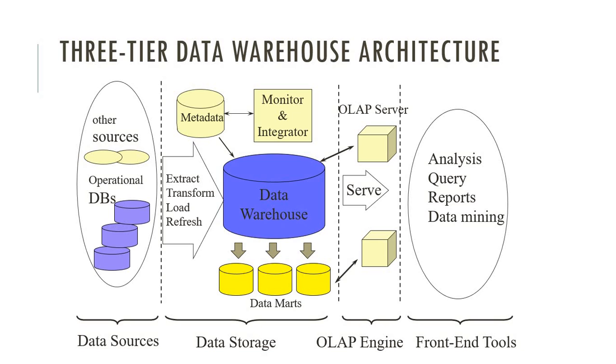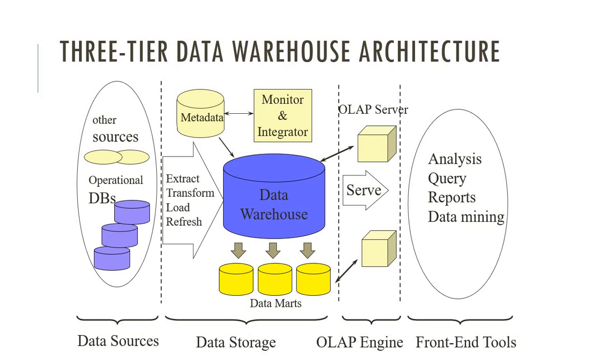So let's repeat all the things. There are three tiers: bottom tier, middle tier, and top tier. Bottom tier consists of data sources, ETL tools, data warehouse, data marts, metadata, and monitoring tools. Next is a middle tier. Middle tier consists of OLAP servers, which analyze the components of the bottom tier, extract the knowledge from it and pass it to the end user.